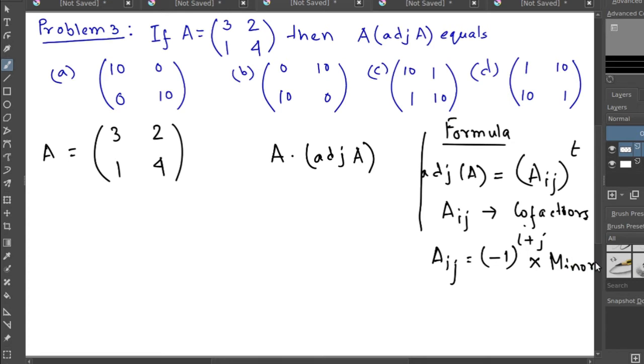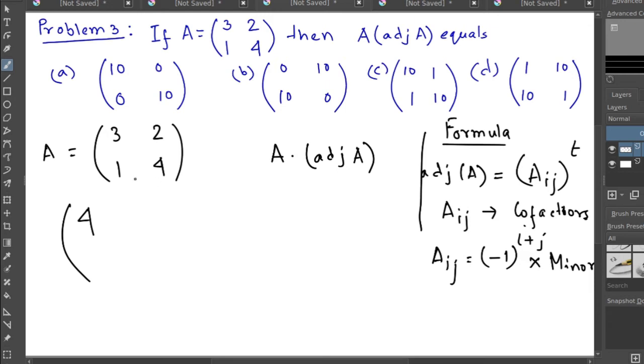Let's calculate the cofactor matrix of this matrix. First, the cofactor for the 3. We forget about the first row and the first column, so the determinant of the rest is 4. So the cofactor of 3 is 4. What is the cofactor of 2? Forget about the first row and the second column.